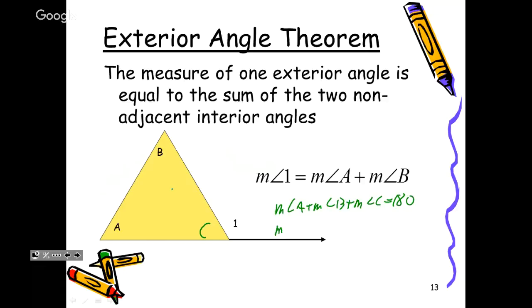We also know that the measure of angle C plus the measure of angle 1 equals 180, linear pair postulate. Therefore, they both equal 180. So we can say that the measure of A plus the measure of B plus the measure of C equals the measure of C plus the measure of angle 1.